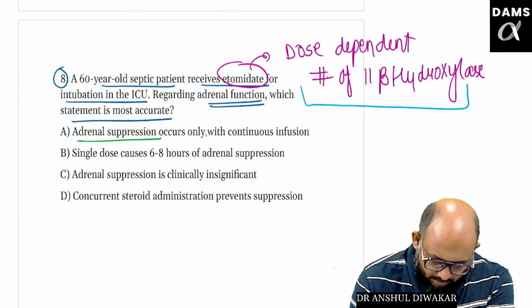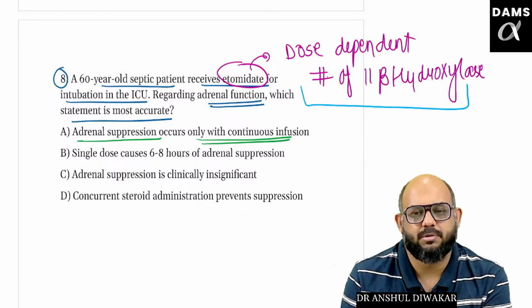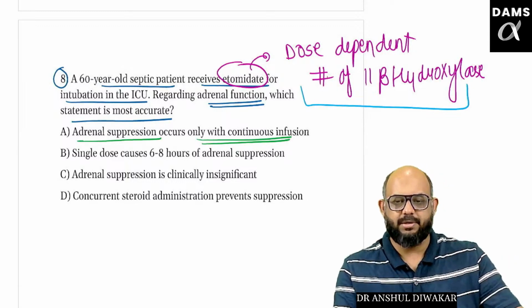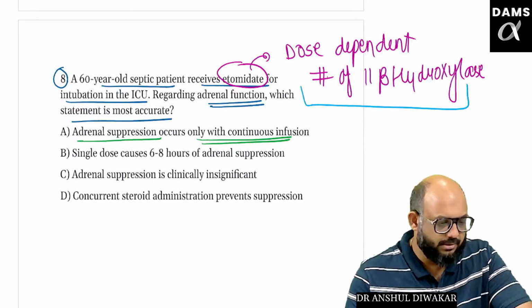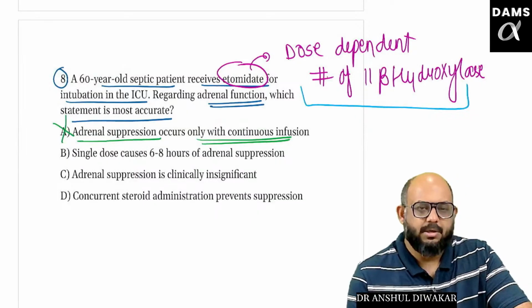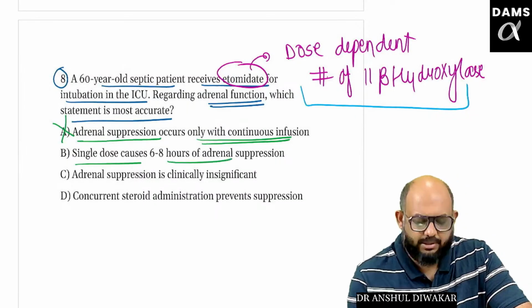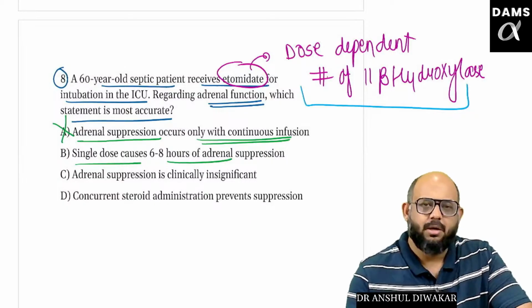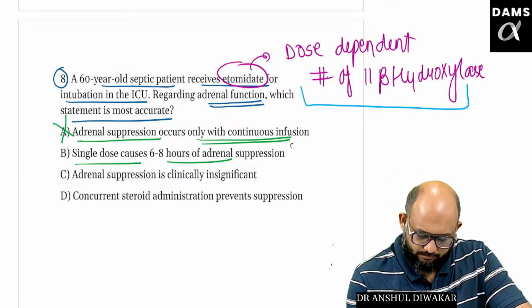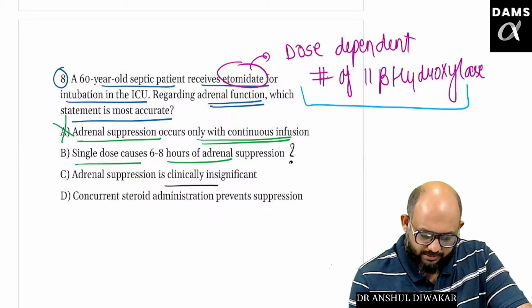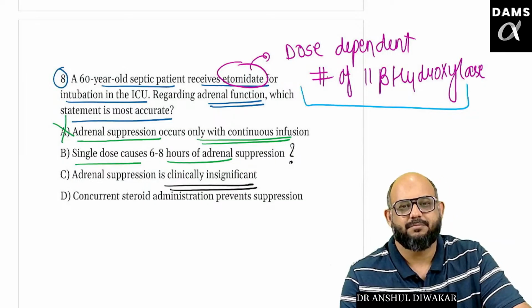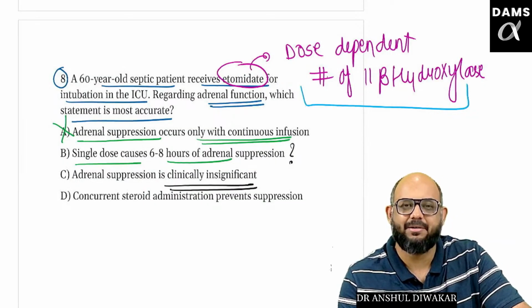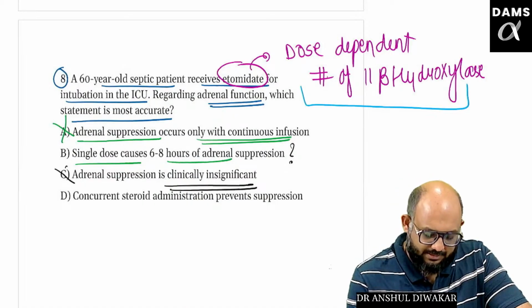Adrenal suppression occurs only with continuous infusion. Why? Bolus is also dose dependent, infusion is also dose dependent, isn't it? So no. Single dose causes 6 to 8 hours of adrenal suppression. Have we heard a criteria like this? No. Adrenal suppression is clinically insignificant. Can it be clinically insignificant? If it is, why would I discuss it?